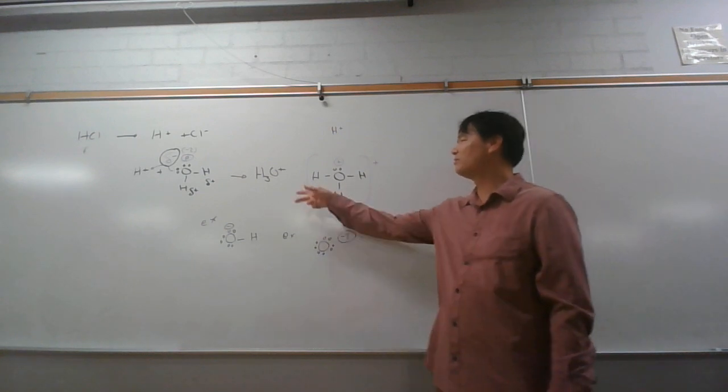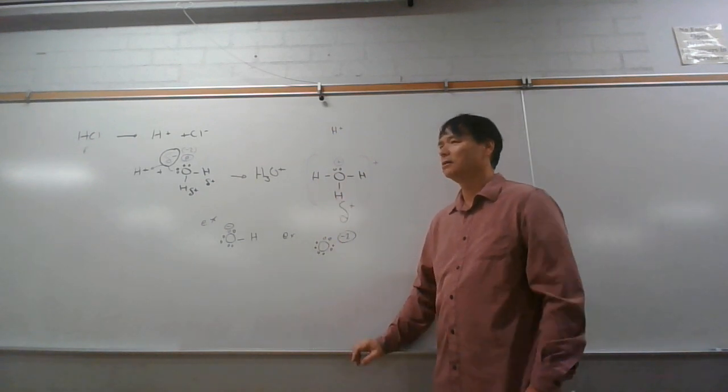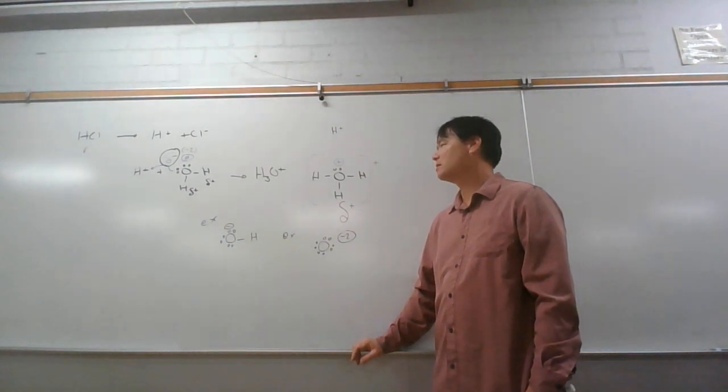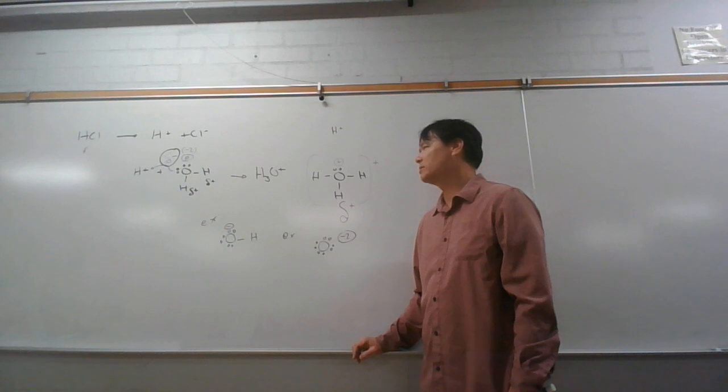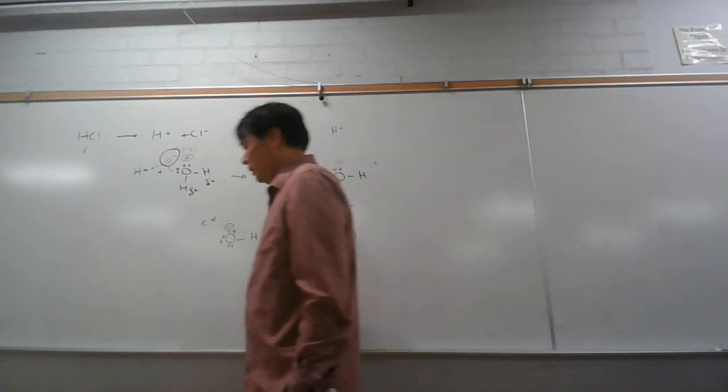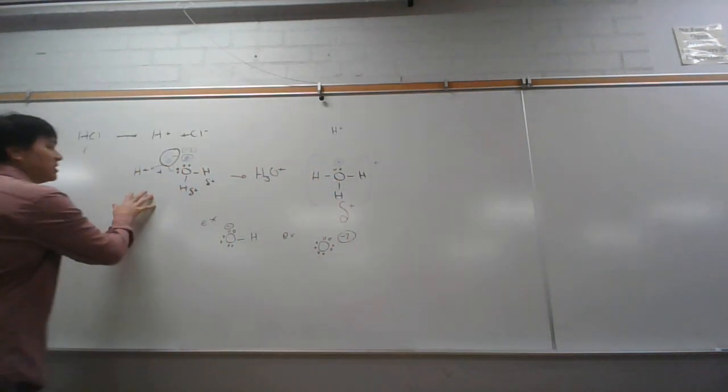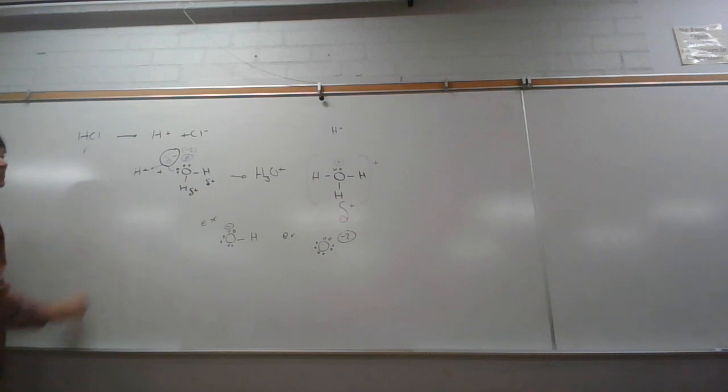Is this a chemical or physical process here? Yeah, this is a chemical process. And this could be termed a Bronsted acid-base reaction. It could also be termed a Lewis acid-base reaction. The Bronsted acid would be the HCl.